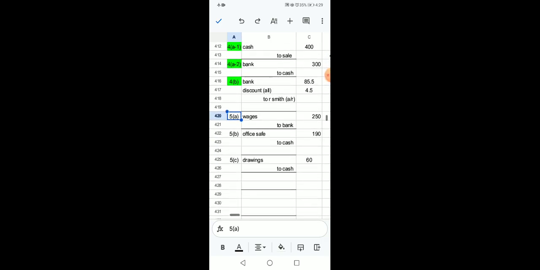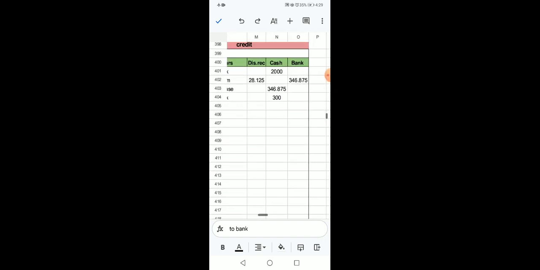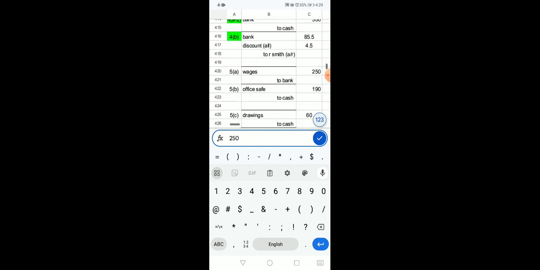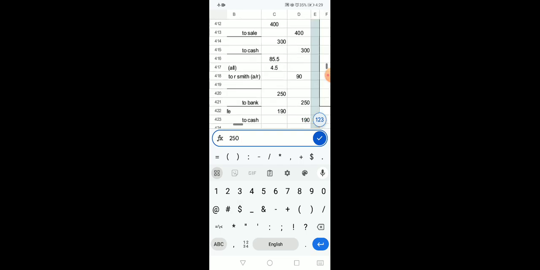And now we are at 5A, where there are two elements, but only one element is associated with the cash book, and that is bank. Bank is credited over here 250, so we will go to the credit side of the bank and write the amount, which is perhaps 250. Let me check again. Yes, 250. Now see its reference. What is written on the opposite side of bank? That is wages.